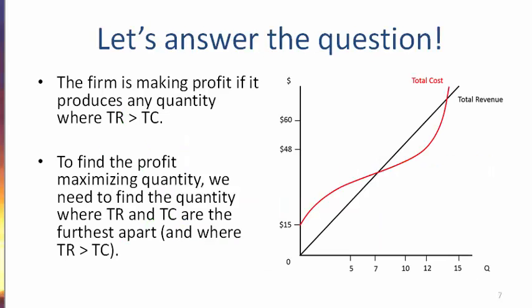Okay, let's answer the question about finding profit on a graph. Here, looking at total revenue and total cost, we see that for lower quantities on this graph, total cost is actually greater than total revenue, so the firm's making losses. So what we want to do is find the maximum distance between total revenue and total cost in the area where the firm is making profit.